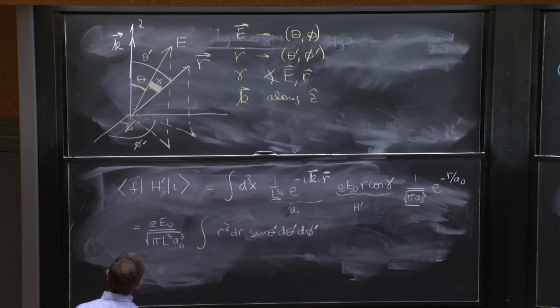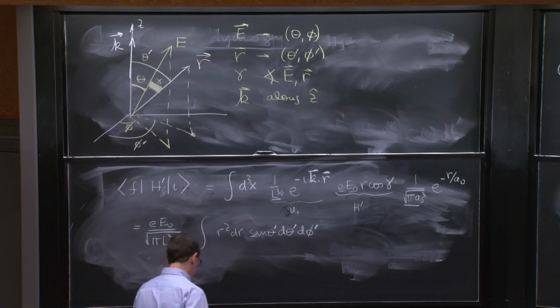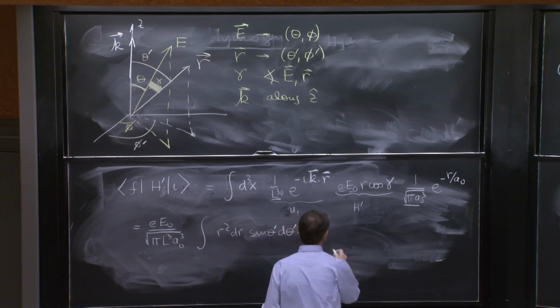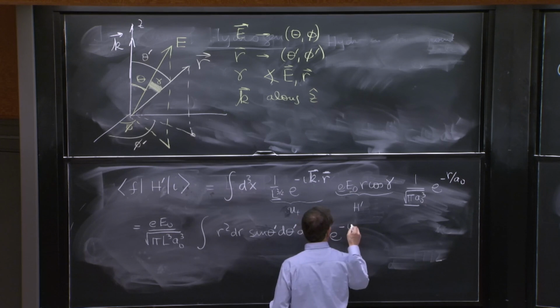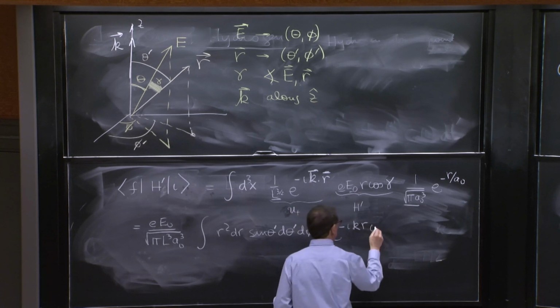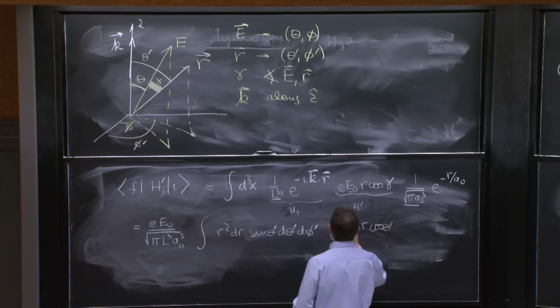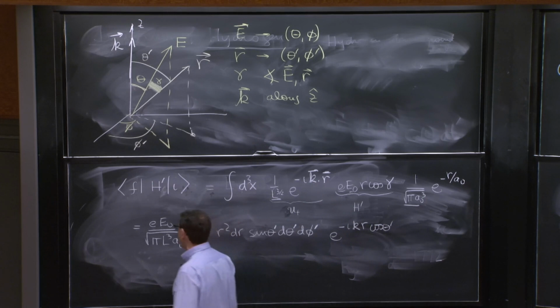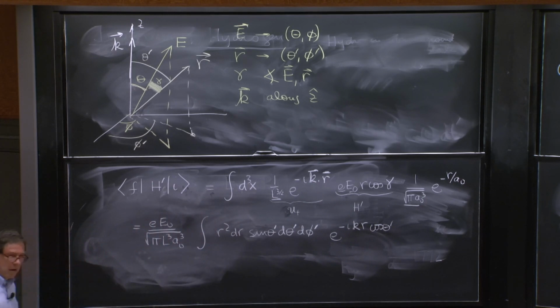Well, my diagram should help me. k dot r involves the cosine of theta prime. So it's e to the minus i, the magnitude of k, the magnitude of r, cosine theta prime, because after all, k was along the z-axis, and r is along the phi prime, theta prime direction.